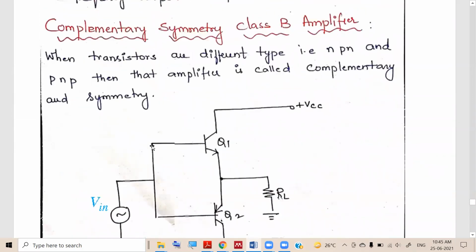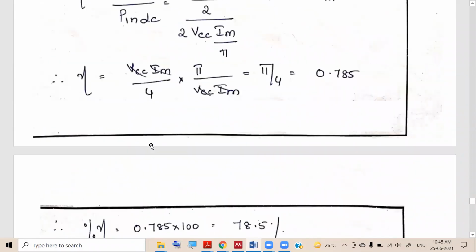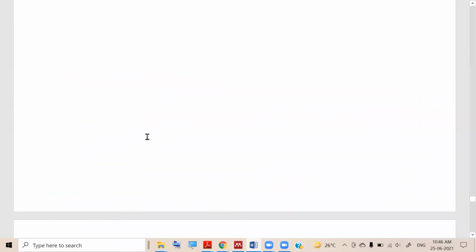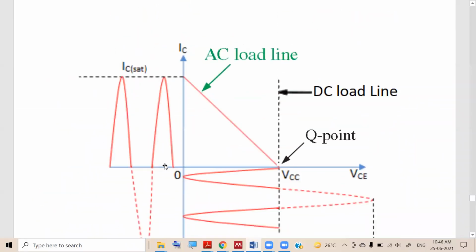We know that the half wave rectified signal average current is Im by pi. Okay, Im is the height of one peak, 1/2 cycle, right? So we have discussed Im is from this point to this point in this case.